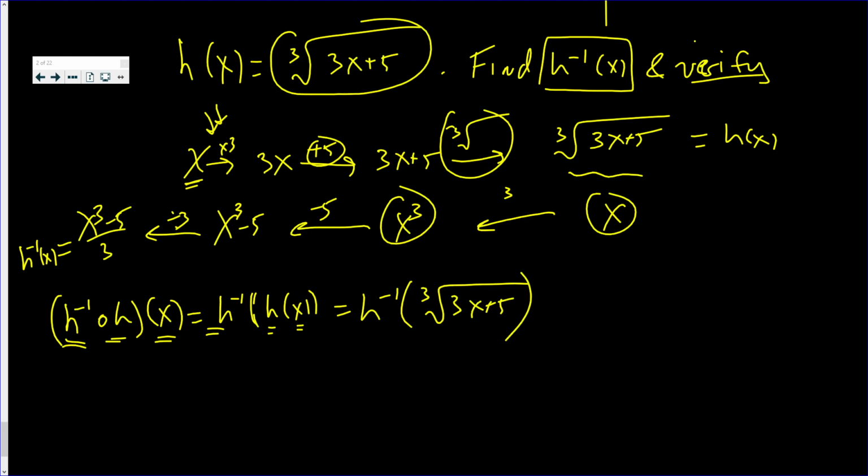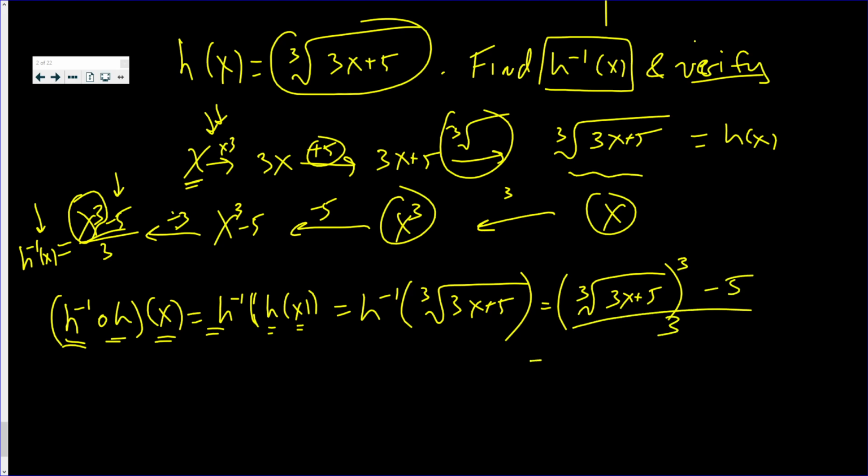Now, what does h inverse do to what's in the brackets? It cubes it, it takes away 5, and then it divides by 3. I don't care what's inside the brackets. I'm going to cube it, take away 5, and divide by 3.